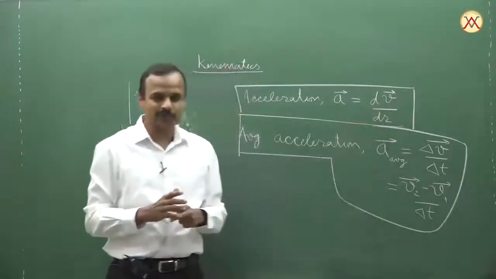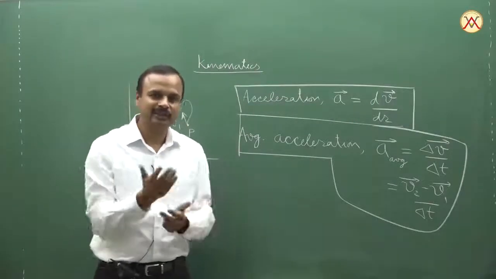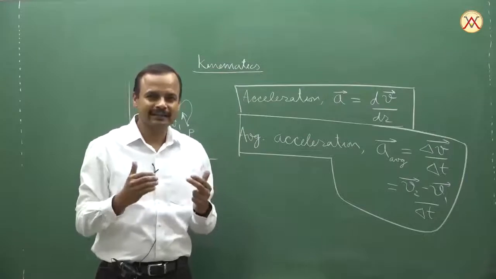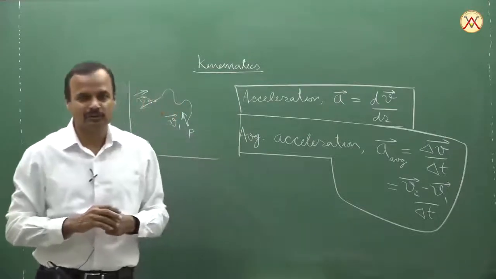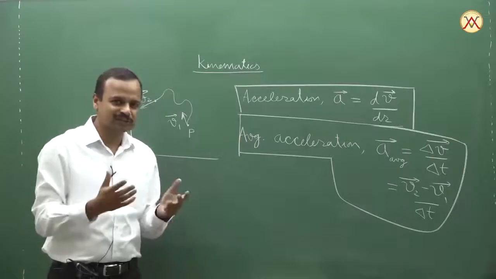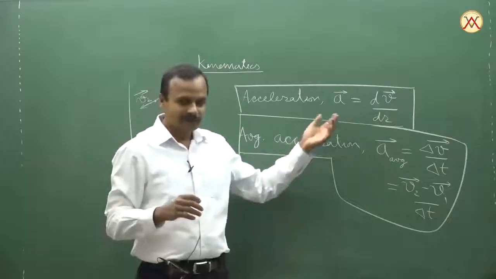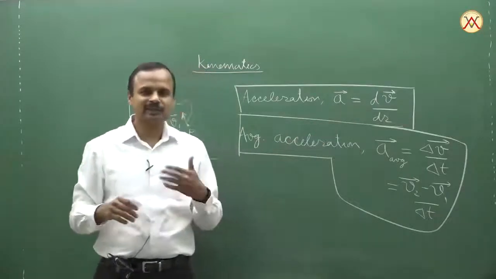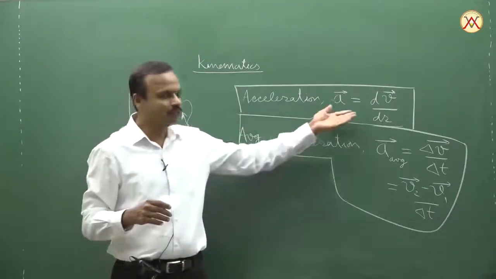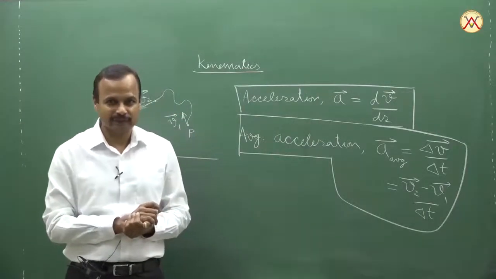You can have a situation where the particle is moving with constant speed and its direction is changing. Even in that case, acceleration will be non-zero. So whether the magnitude changes or direction changes or both change, if velocity, a vector, changes, you will have some non-zero instantaneous acceleration for it.